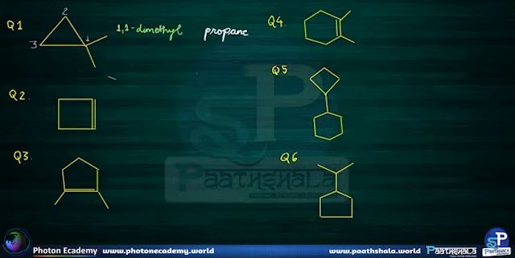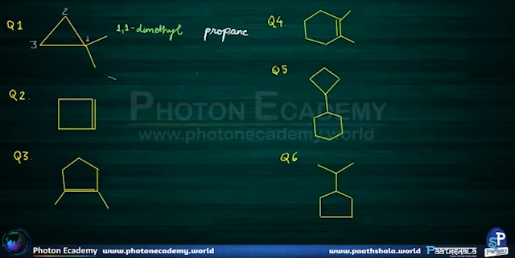And as we have learned, between the prefix and the word root we always use cyclo. So, it will be 1,1-dimethylcyclopropane. This is the correct IUPAC name for this compound.